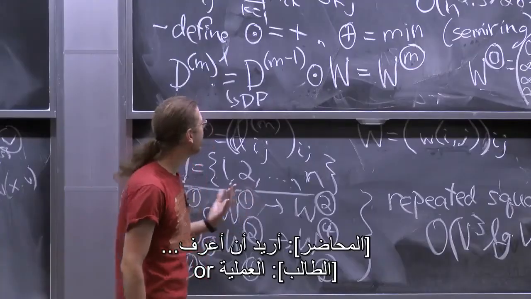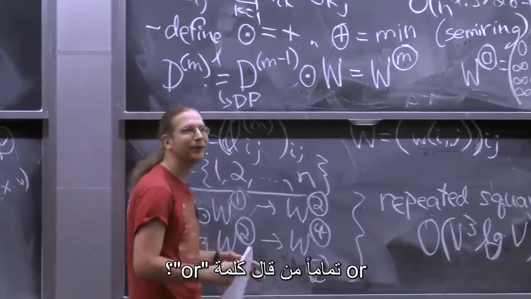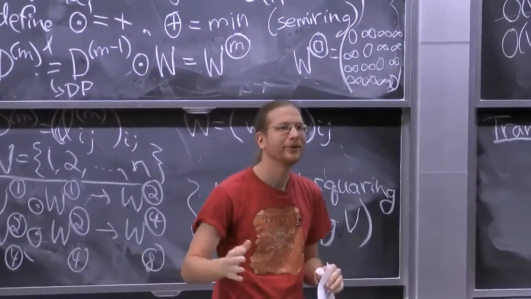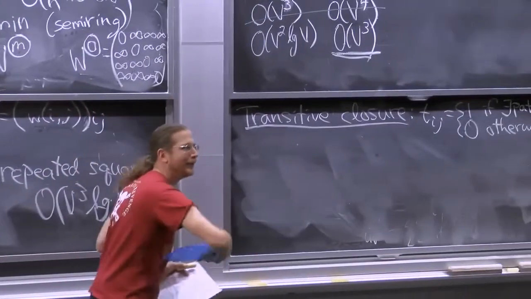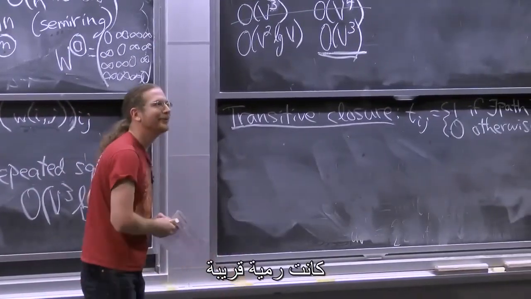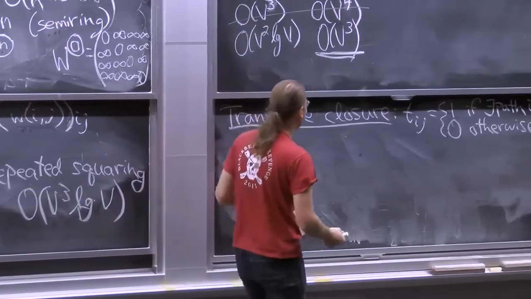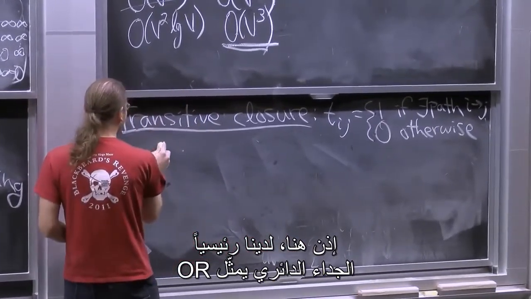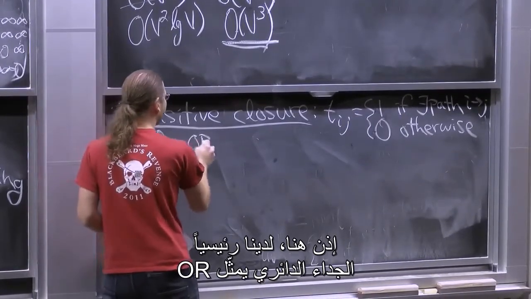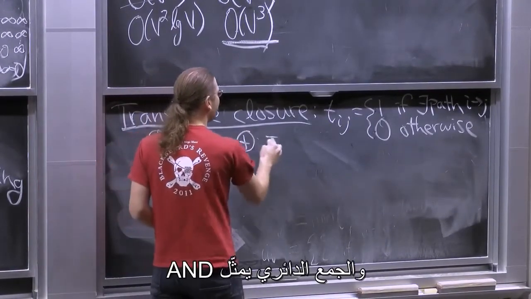So I want to know or. Yeah, exactly. Who said or? Yeah. All right. Tough one. Close. So here we have basically a circle product is or, and circle sum is and.